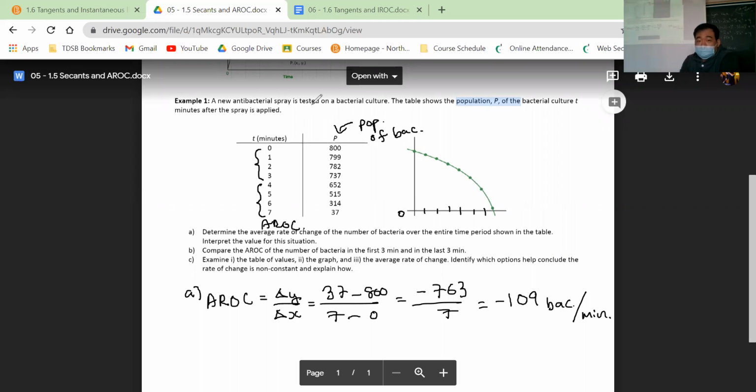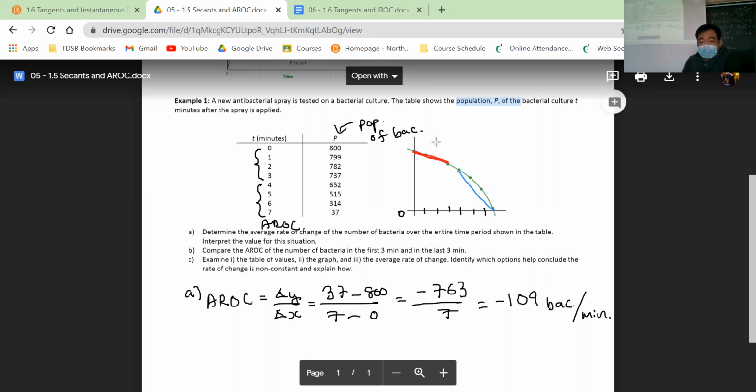If you want to use a different color, you can, or if you don't even want to bother and you want to do it mentally, you can. So that's 1, 2, 3. The secant is here. It's not the best. And then I'll use blue. The secant from minute 4 to minute 7 is there.